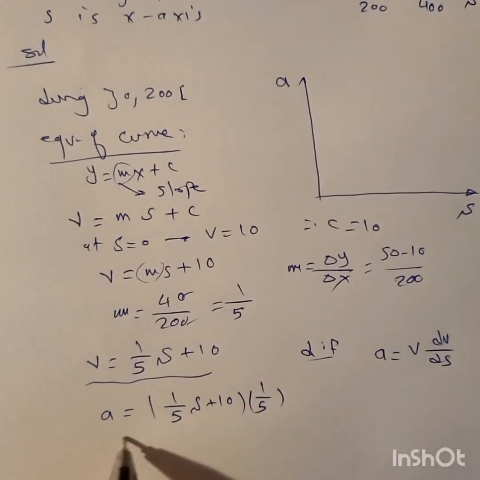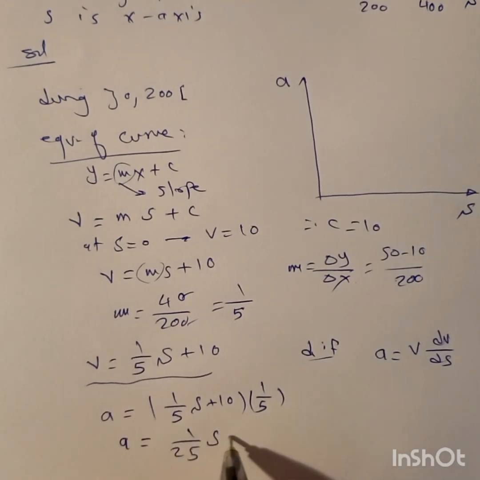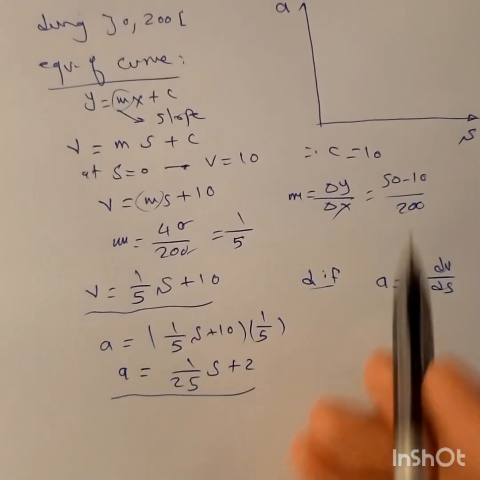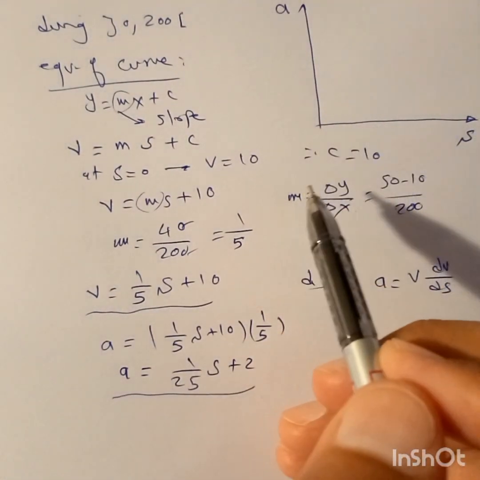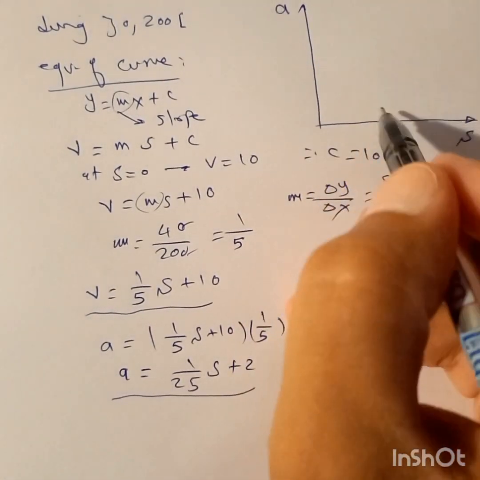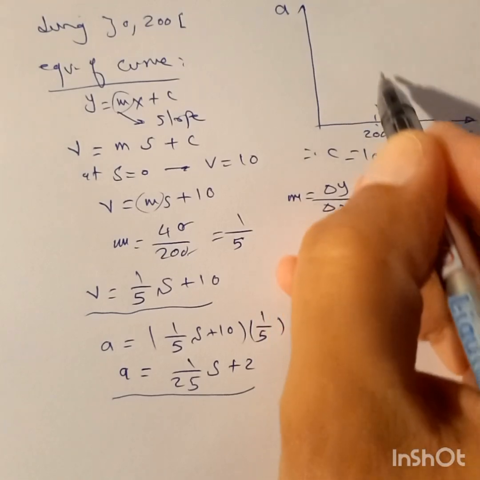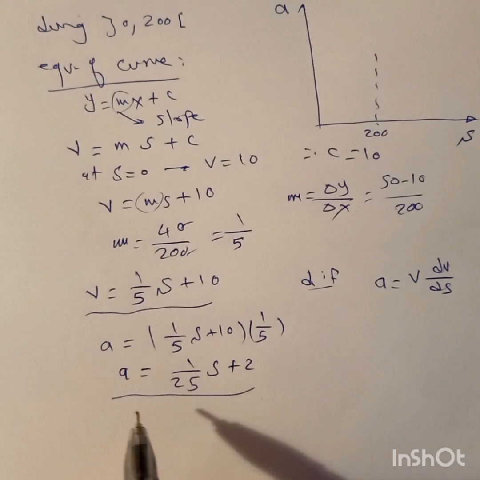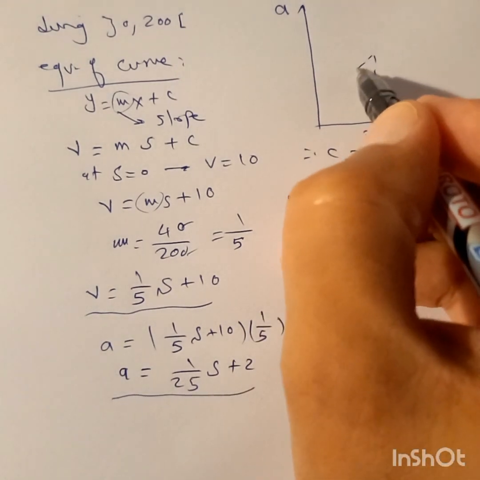Okay, then acceleration here equals 1 over 25 s plus 2. Okay, this is the equation of acceleration during the displacement interval from 0 to 200. From this we can sketch this equation, and this relation is like this.